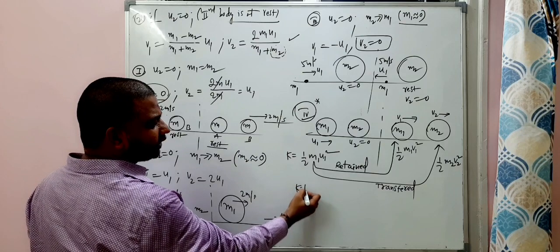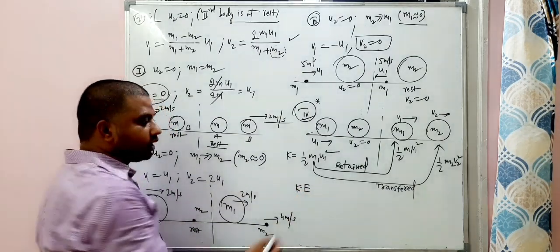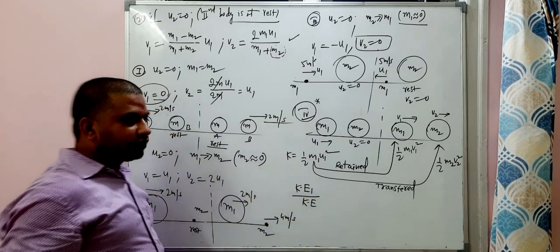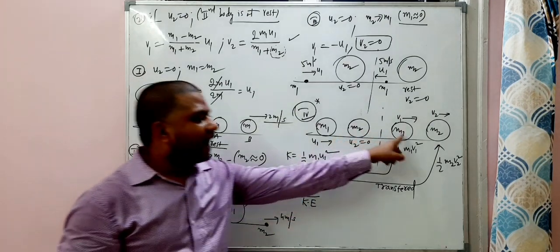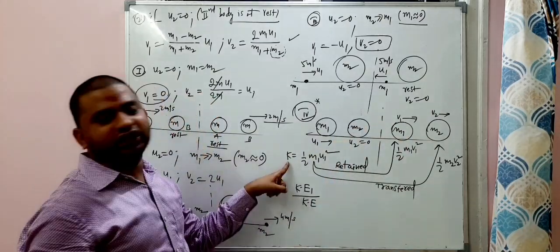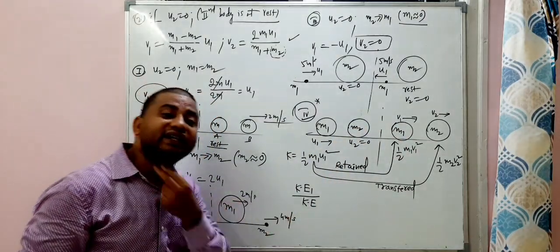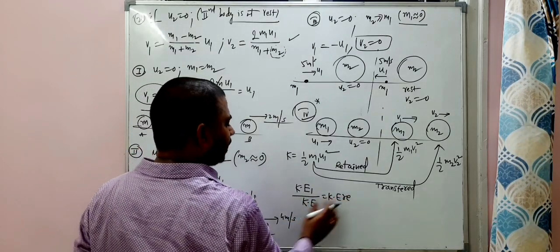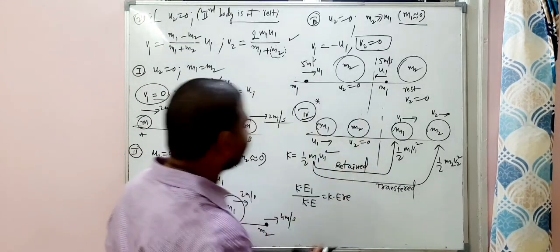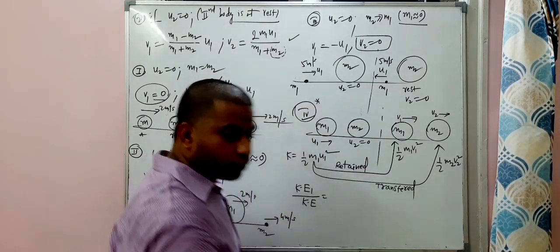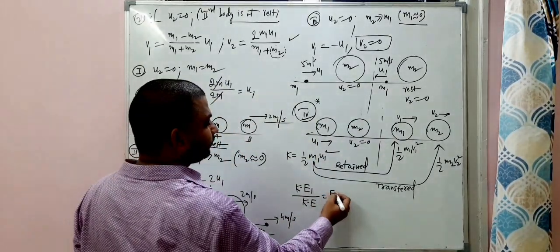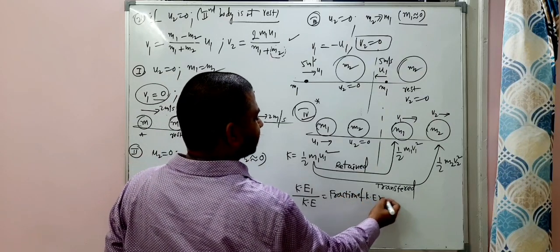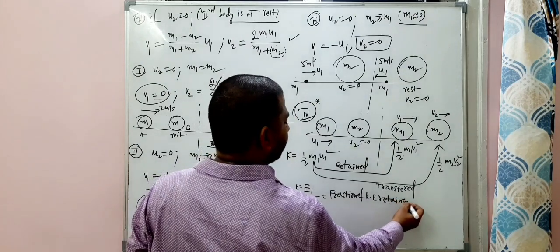So the kinetic energy retained by the first body is the kinetic energy of the body after the collision divided by the initial kinetic energy. That's called the fraction of kinetic energy retained. This is the commonly asked question.